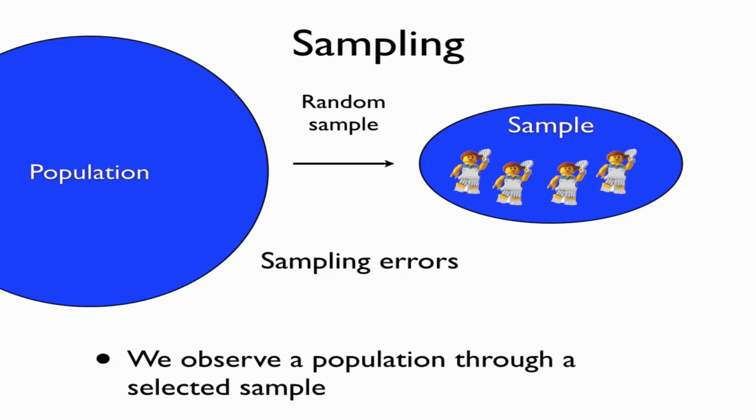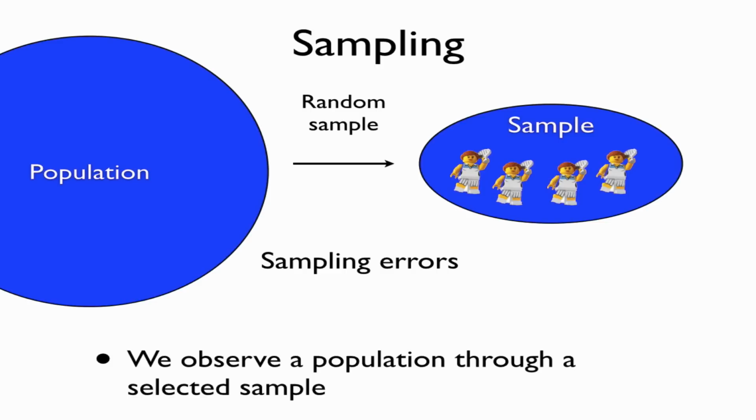When we do so, we subject ourselves to sampling errors. We might either have been selecting too few individuals to describe the full population, or we might have been selecting individuals in a biased manner so that we select a certain kind of individuals more frequently than others.